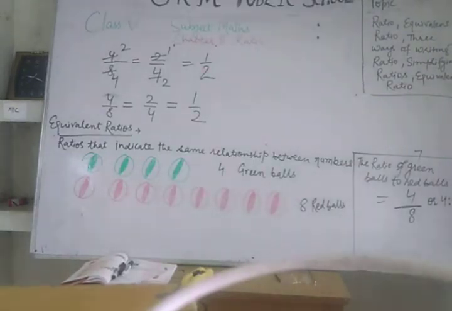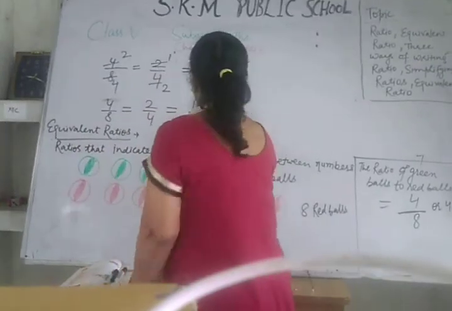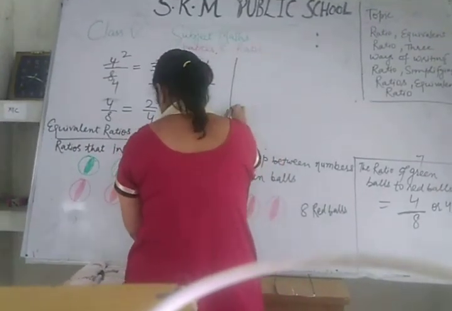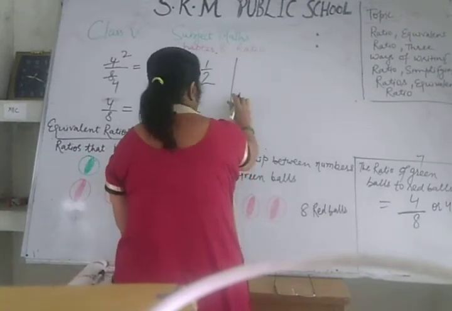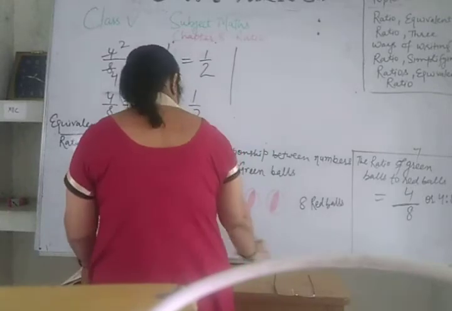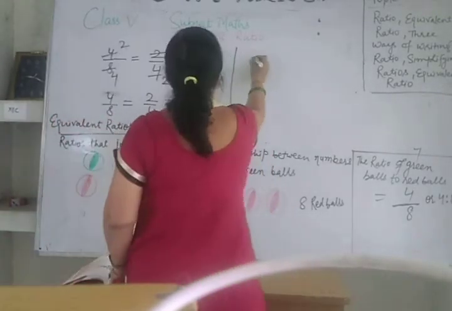There are 3 ways of writing ratios. The first way, you can write 1 is to 2.